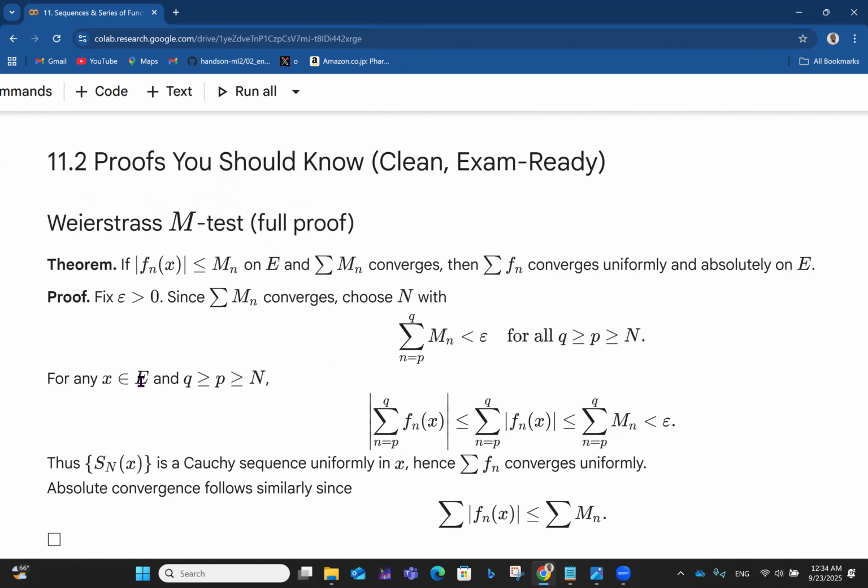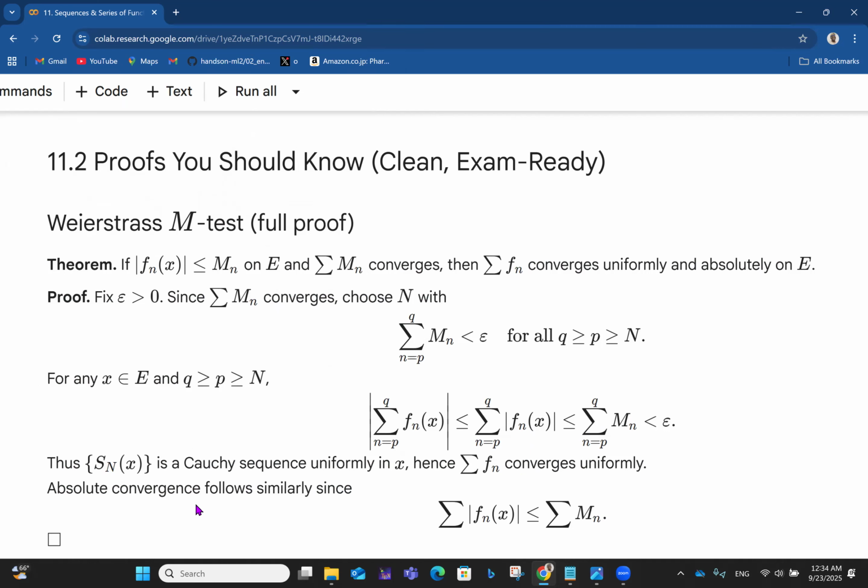So we also say for any x that you take from the set E and q greater than or equal to p greater than or equal to N, we have the absolute value of the summation from n equals p to q of fn of x is less than or equal to the summation of the absolute value of fn of x from n equals p to q, and that is less than or equal to the summation from n equals p to q of Mn, and that is less than epsilon.